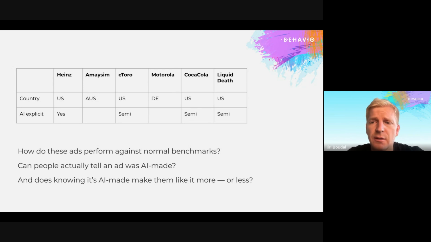So Heinz is an example of an ad that is explicitly playing with the AI topic, and then Amazing and Motorola are ones where ideally people do not realize that this was made with AI. And then we have eToro and Coca-Cola liquid, which are examples where this is obviously AI, using effects that are hard to attain in another way, but it's not explicitly using the AI topic. It's just that you can guess.